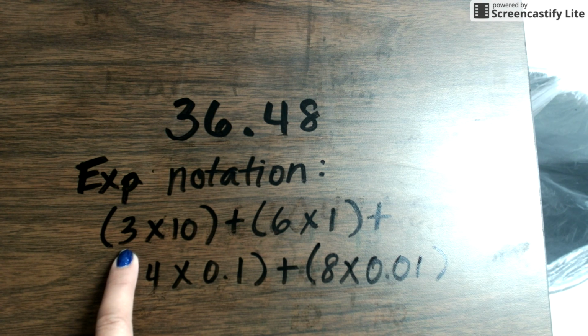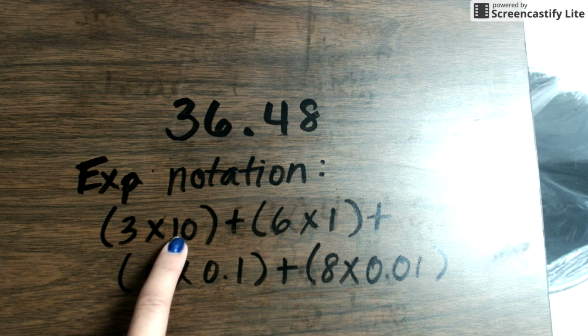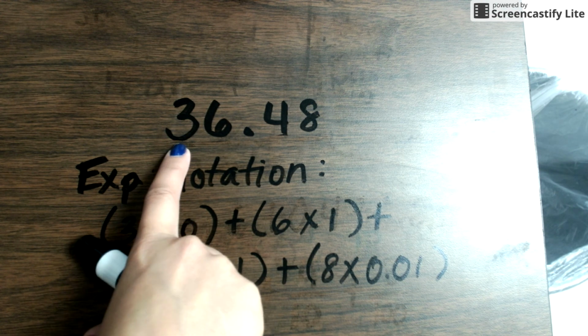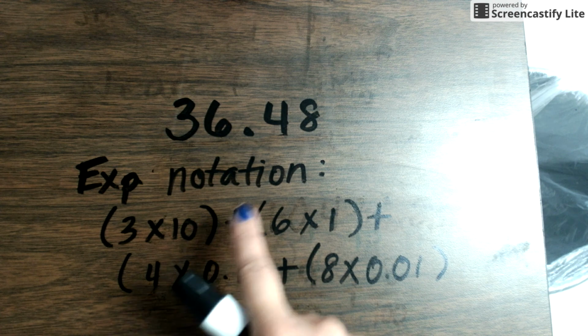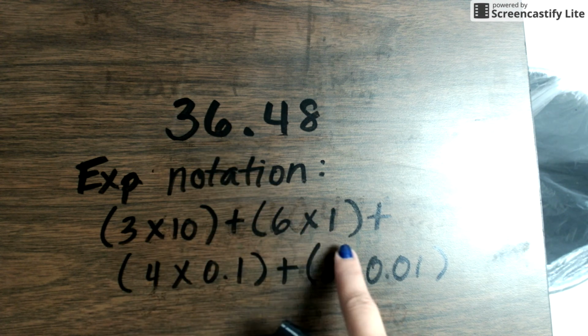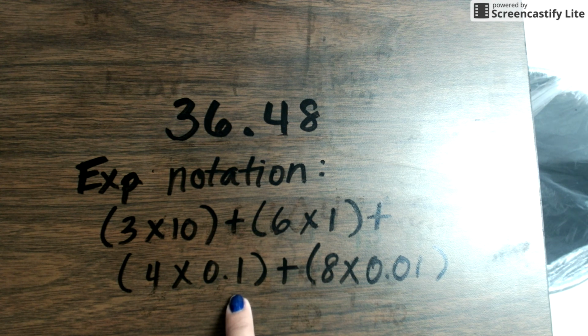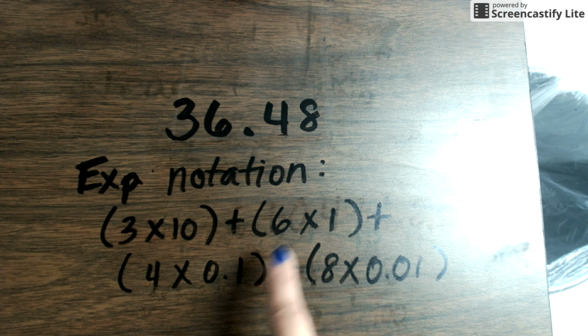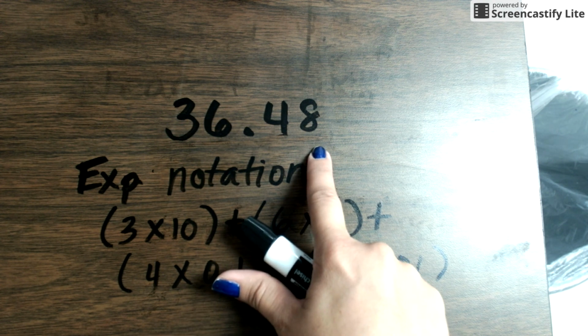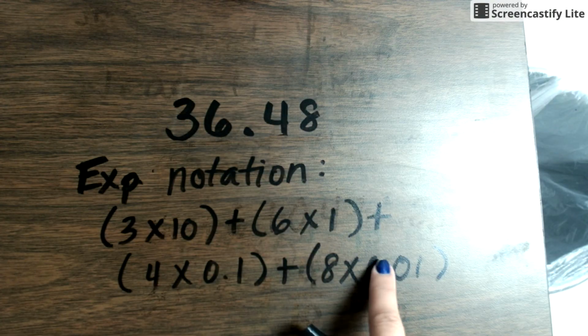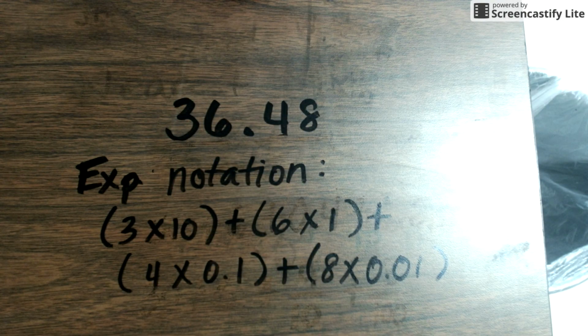We're taking however many we have in that position times the value of that position. So if that's the tens place, its value would be 10. This is the ones place, its value is 1. This is the tenths place, the value of one of those in that place is 1/10. This is the hundredths place, the value of 1 in that place is 100.